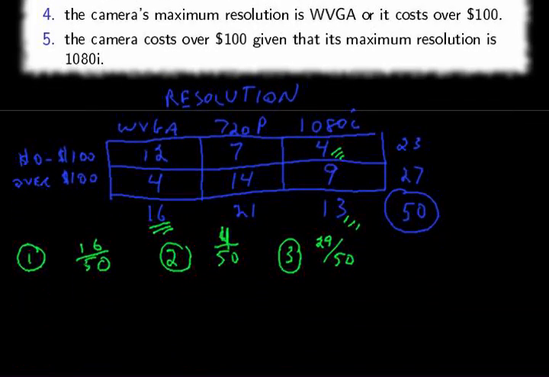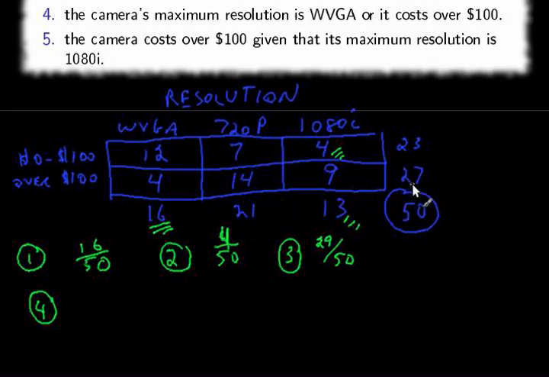Number 4. The camera's maximum resolution is WVGA or it costs over $100. So, according to our contingency table, we have 16 cameras with a maximum resolution of WVGA, and costing over $100 we have 27, but we have to be very careful.